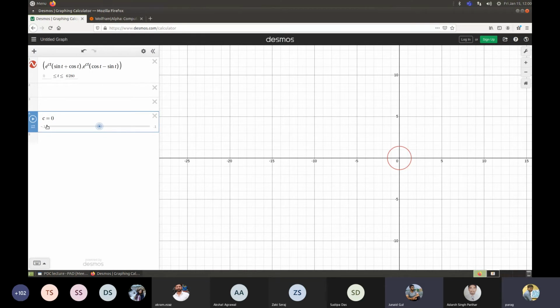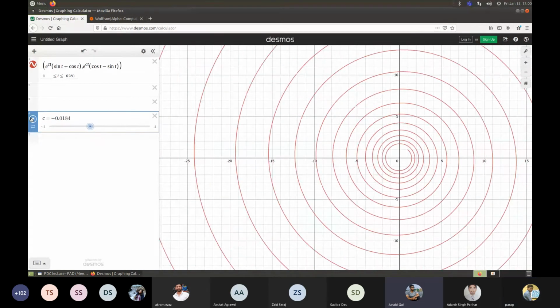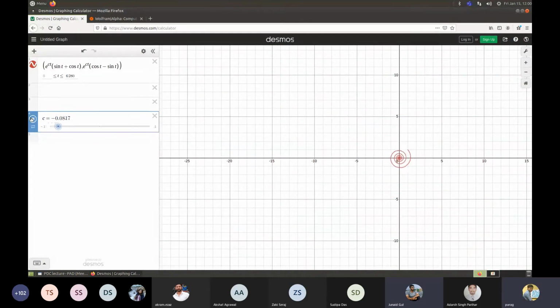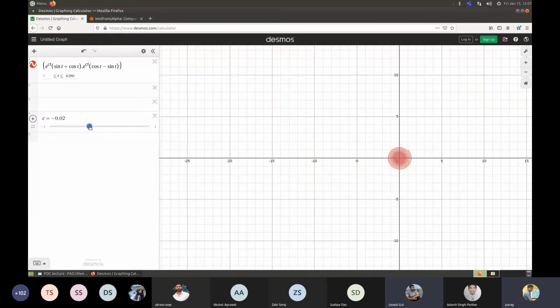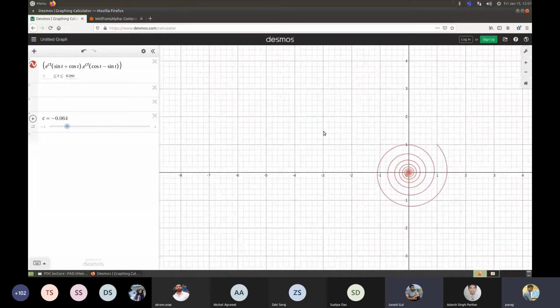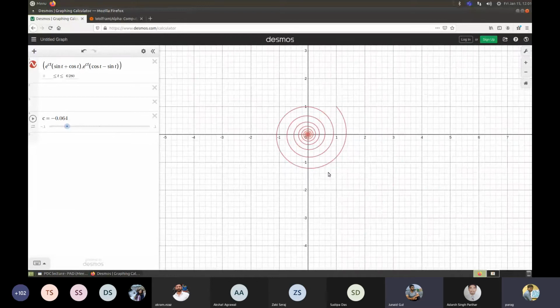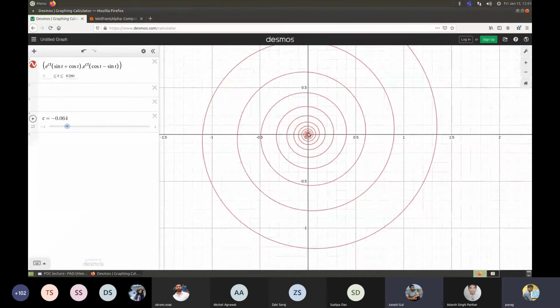Now let's see what's happening. Let me play this. See what happens. Let me stop it momentarily. You were supposed to start from here and go in circles. But now when C is less than 0, you are converging to the value 0 here.